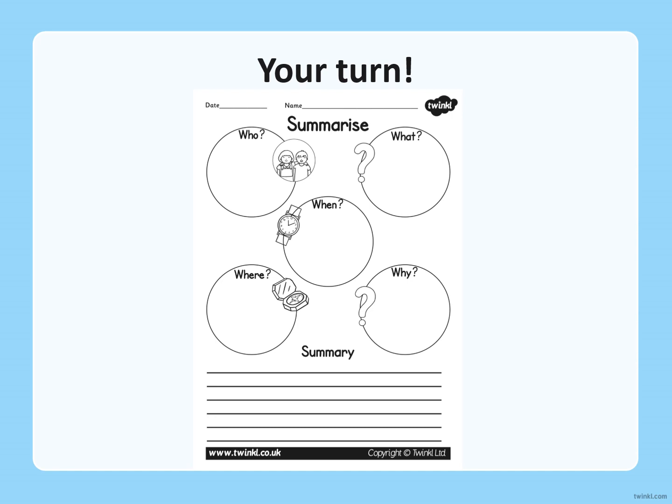When is the story taking place? Remember, that can be season, day of the week, anything like that. Where is the story taking place? And why are they doing something? Why is something in the story happening? Once you've answered all those questions, you then can write 2 or 3 sentences to summarize the story.